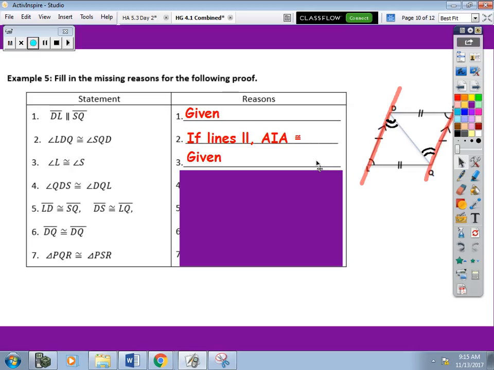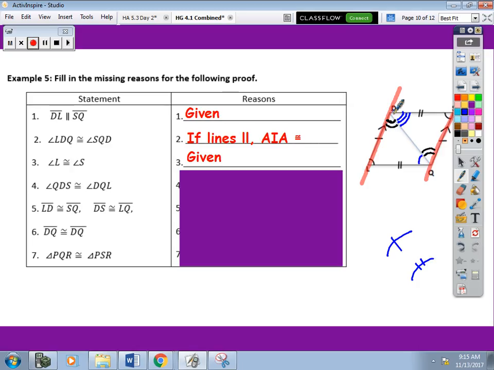Next one says angle QDS, which would be this angle, which you can either put 3 markings, or if you can't see that well, you can also put a slash through it coming out. If you ever want, you can use that as a different marking. But I'm going to do 3.